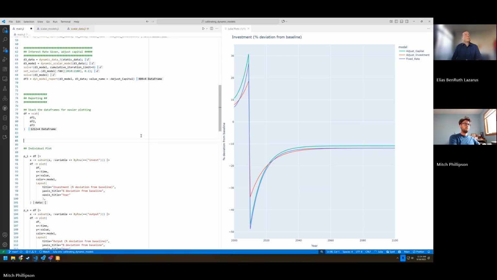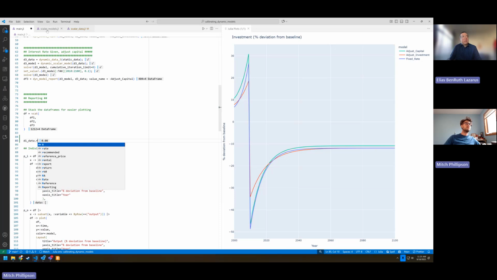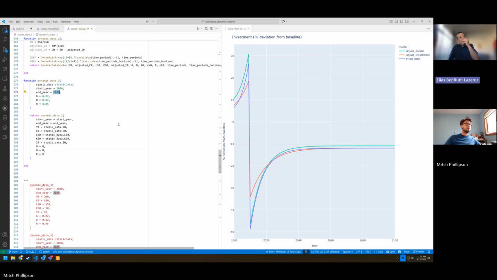Yeah. Let's find out d1data.far. What is it? Little r? I could probably read the documentation. 8% is the depreciation rate. Okay. It's the interest rate or the depreciation?